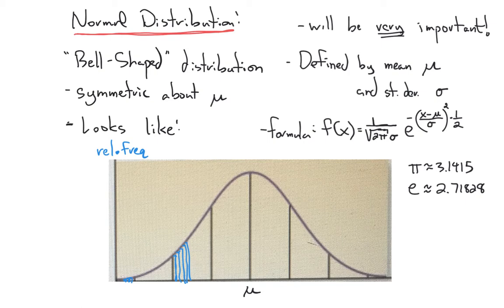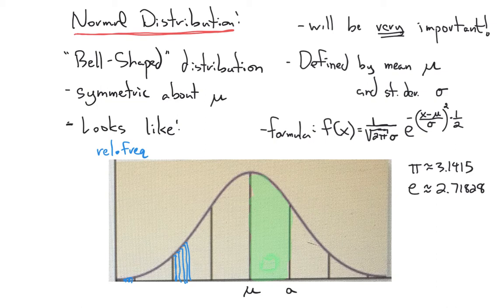So if we have an area here, let me highlight an area. Let's say this area in green, let's say the values on the x-axis were mu and let's say, I don't know, a.